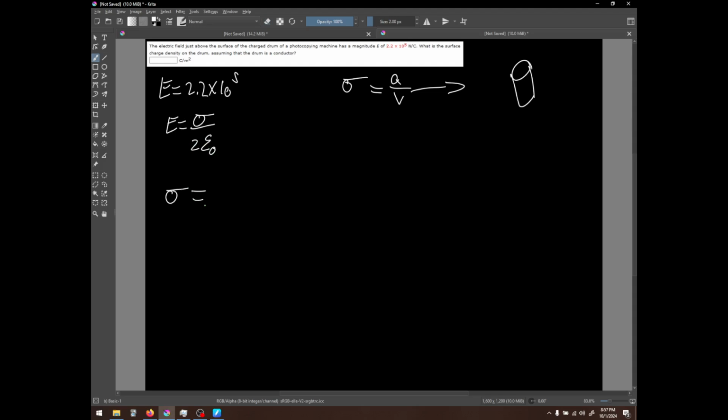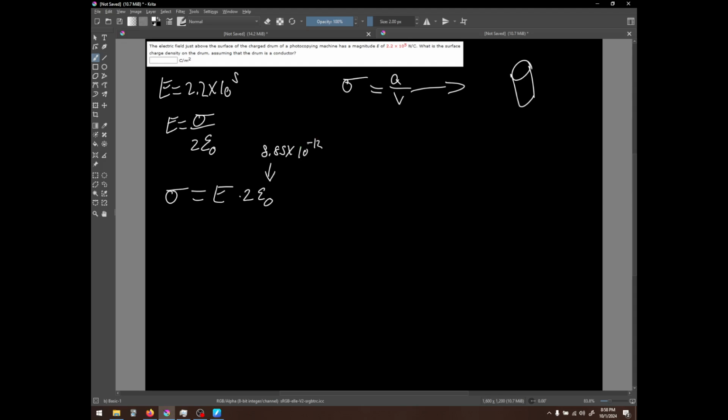Charge density equals E times 2 epsilon 0. That seems easy. Epsilon 0 is a constant, which is, boy, it's not K. Epsilon 0 is 8.85 times 10 to the negative 12th.